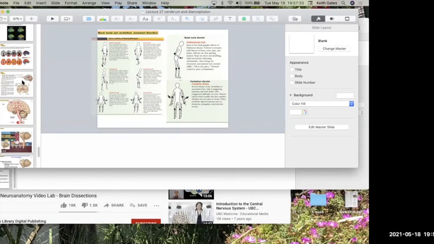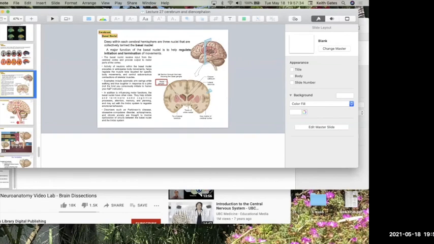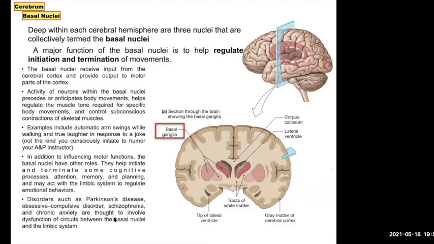But then the other thing which I skipped over was other disorders. There's also things like overactive basal nuclei, and that'll make you very compulsive, right? So higher order behavior, right? Chronic anxiety, Tourette's syndrome, right?